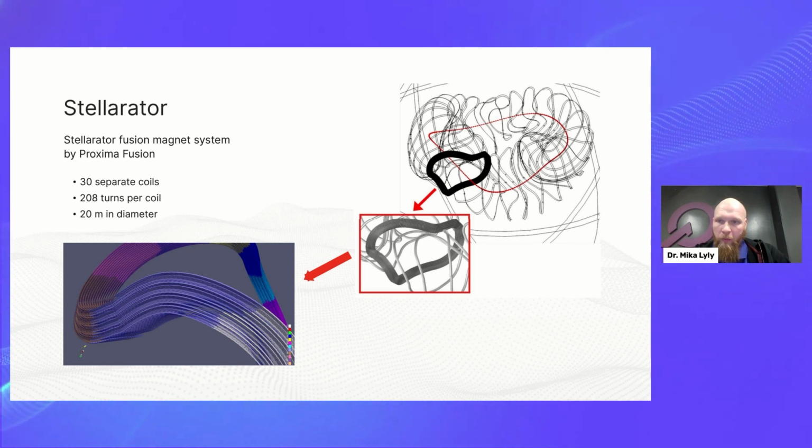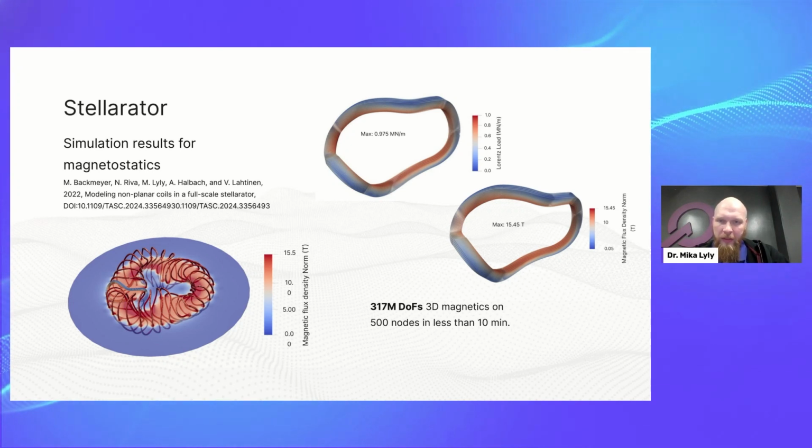Yes, I want to emphasize this was made in collaboration with Proxima Fusion, and we presented the results last year in UCAS, and I won't go to the details, but you can see here the field solution, a magnetic field distribution in the full-sized stellarator, and there you can see the one detailed coil and the field plot on the coil, as well as the force density on the coil with all the 208 turns.